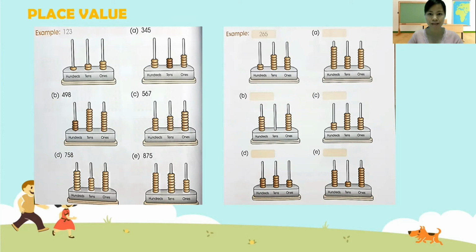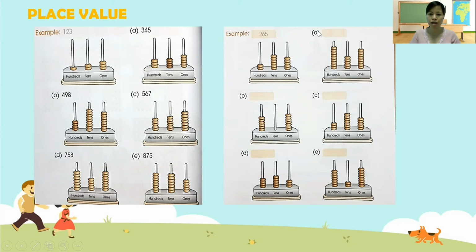For example, we have 2 beads on the 100, so we have 200. We have 6 beads on the 10s, so we have 60. And then 5 for the ones, so we have 5. So all in all, we have 265.